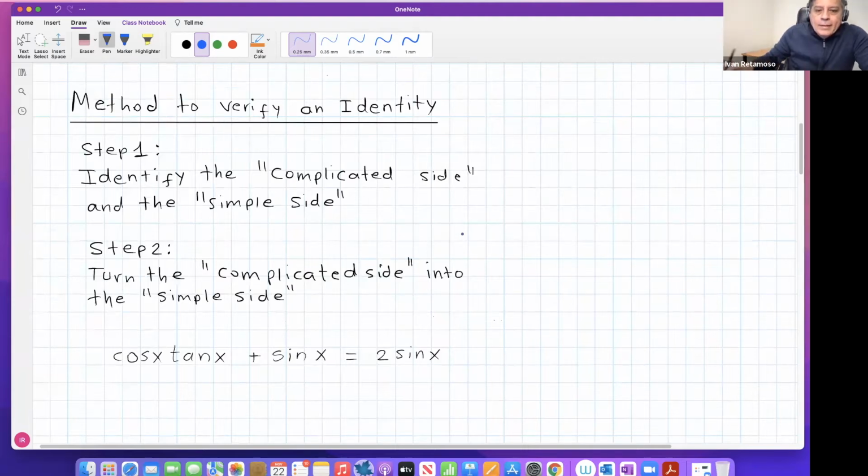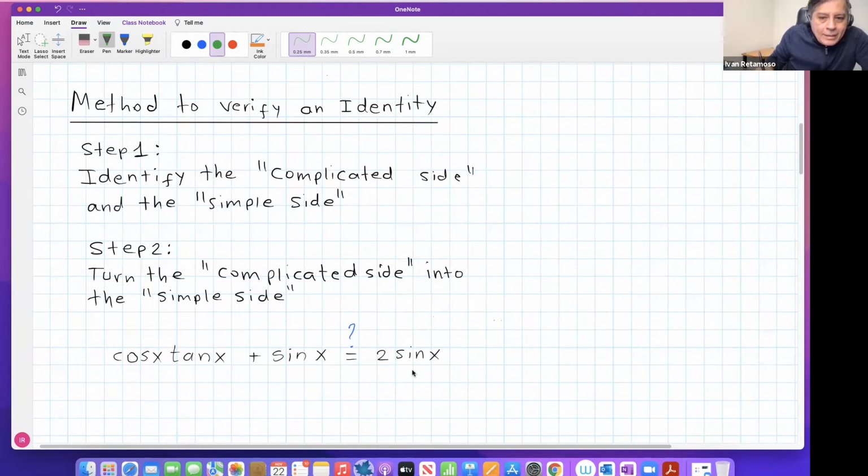So first, let's identify the complicated side. In your opinion, guys, what should be the complicated side, the left side or the right side? Left, Jay, right? Excellent. I'm with you, Jay, because the left side looks bigger. Looks like I can do some work here.